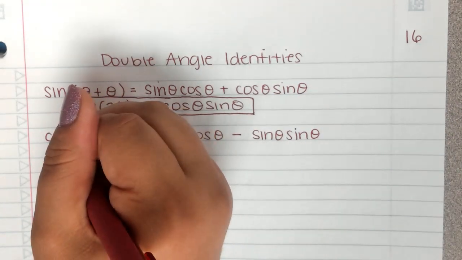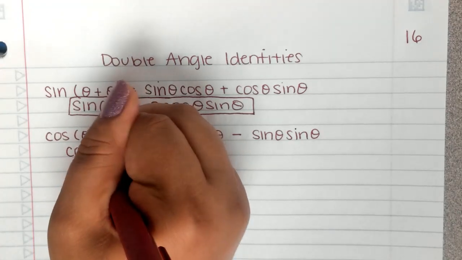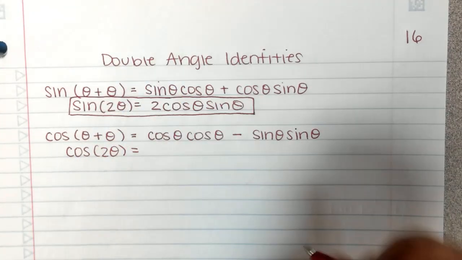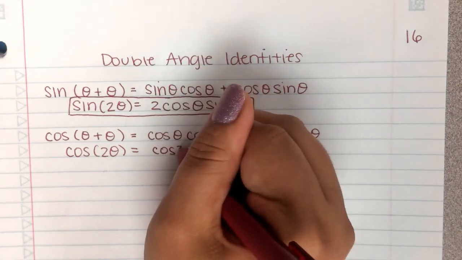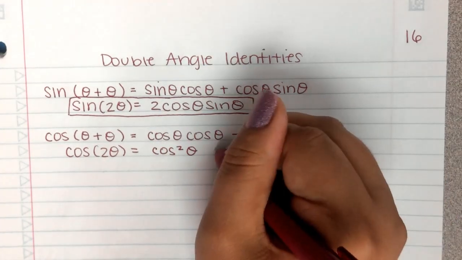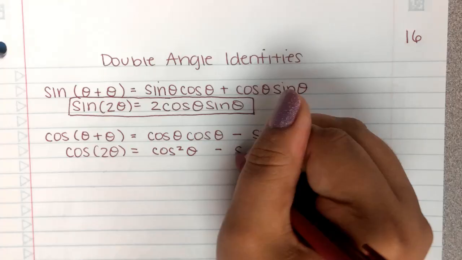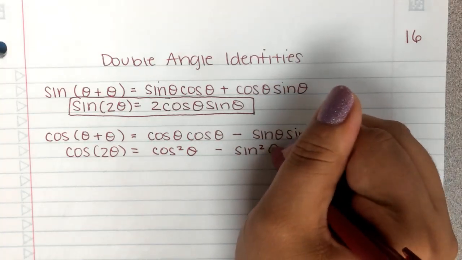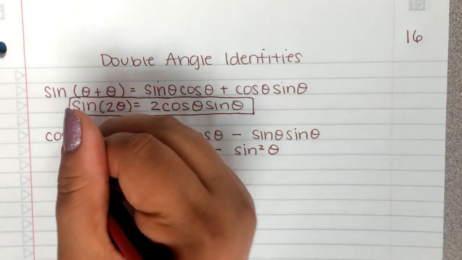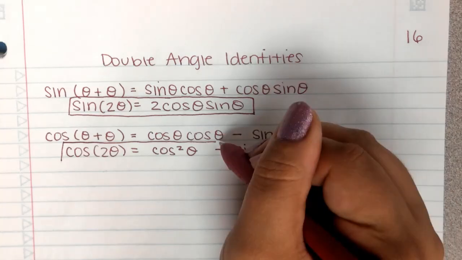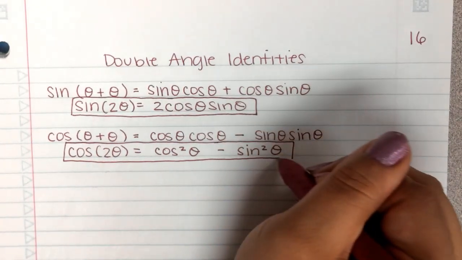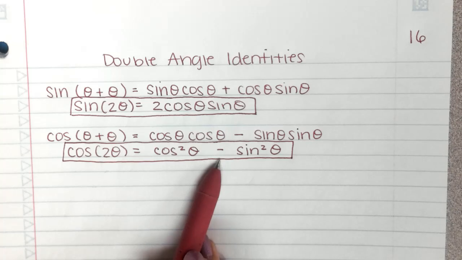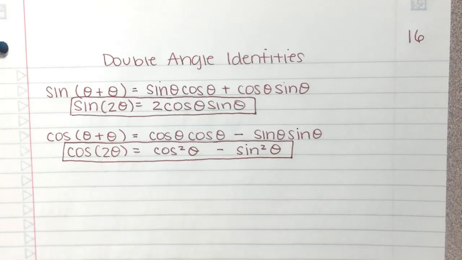And so that would give me the cosine of 2 thetas equals, what's cosine? Cosine squared theta minus sine squared theta. And this kind of looks like one of your Pythagorean identities, but why is it not your Pythagorean identity? Because it has that minus.